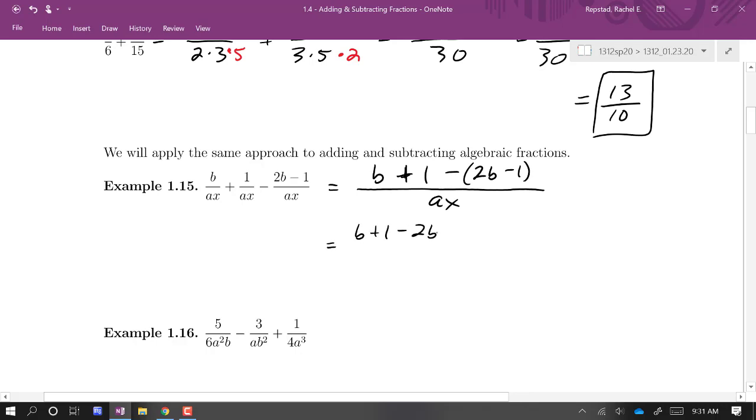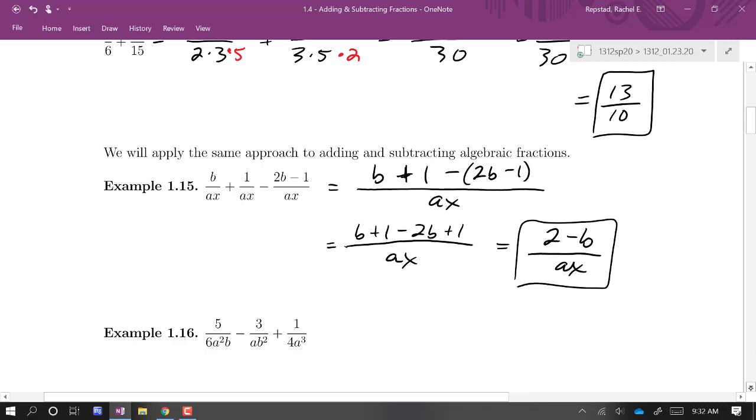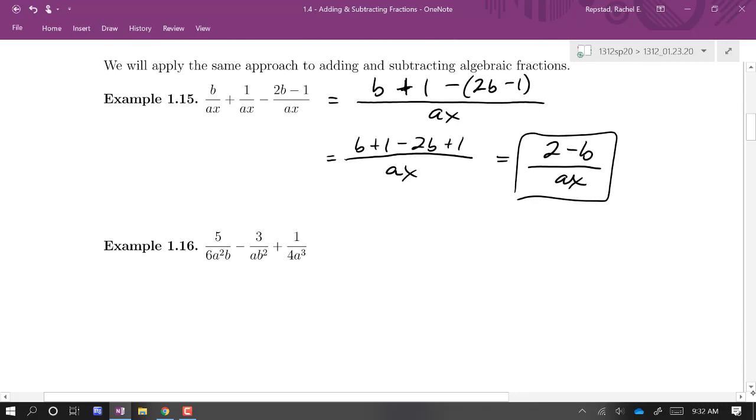So minus 2b plus 1. Then we just combine like terms. Simplify the top. We get negative b plus 2, or 2 minus b. So far, so good.